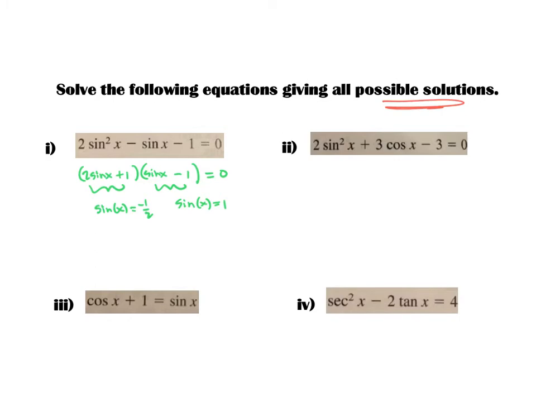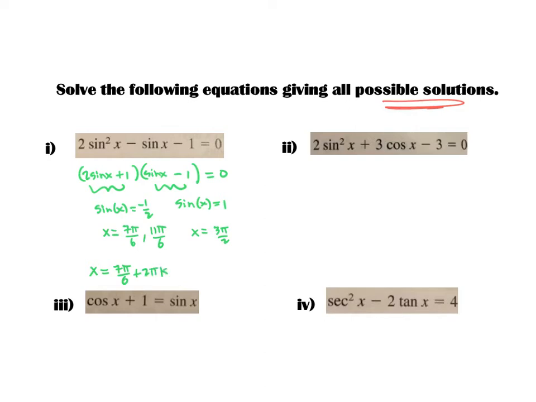Okay, so where is sine x equal to -1/2? That is at x equals, not 5 pi over 6, 7 pi over 6, and at 11 pi over 6. And sine is equal to 1 at 3 pi over 2. Now, what we want is all coterminal angles to these. Therefore, our solution set is going to be 7 pi over 6 plus 2 pi k, as many times as we want.